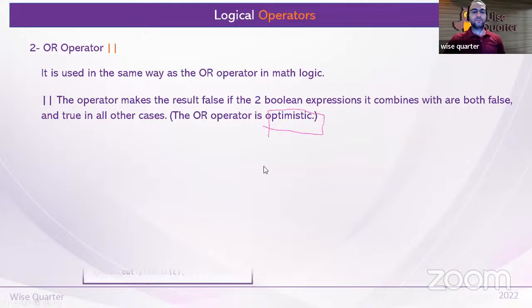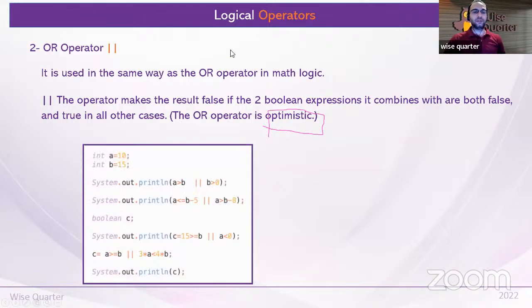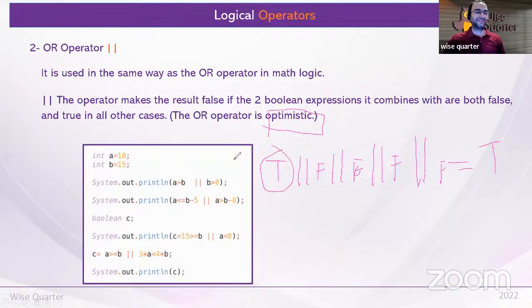If there is only one right in the calculation, it will say it is all right. Let's say true, false, false, false, another false. The result will be true. Don't worry, there is one true there. The place of the true does not matter here. It can be anywhere. As long as there's one true, the result will be true.